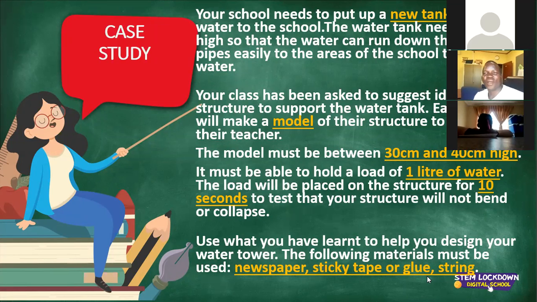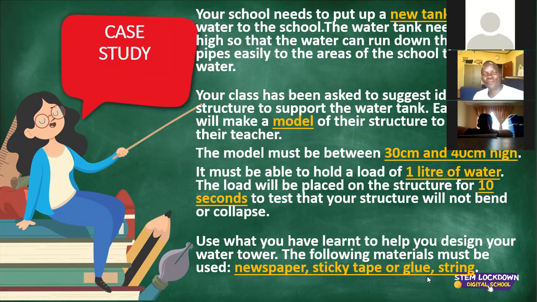Use what you have learned to help you design your water tower, and the following materials must be used. This is very important. You are only allowed to use newspaper, sticky tape or glue, and string. You are only allowed to use those three materials.